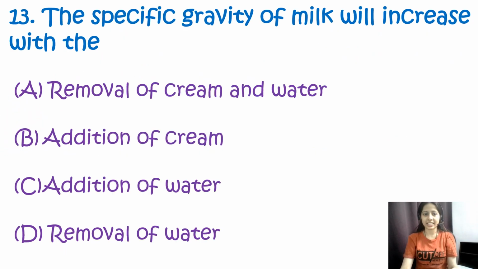Question number 13. The specific gravity of milk will increase with the, so the options are removal of cream and water, addition of cream, addition of water, or removal of water. So this is a good question.